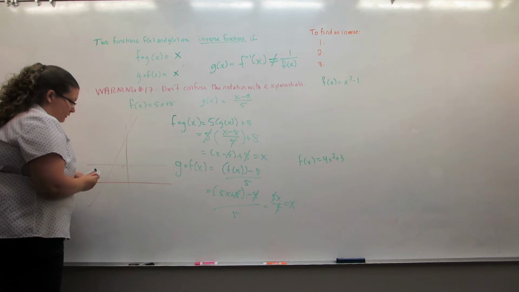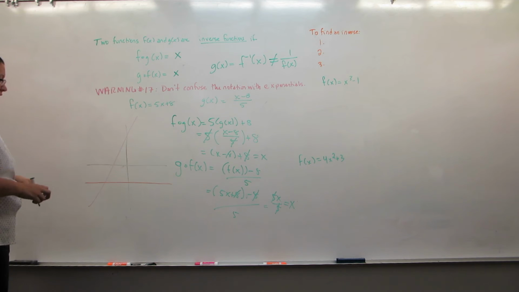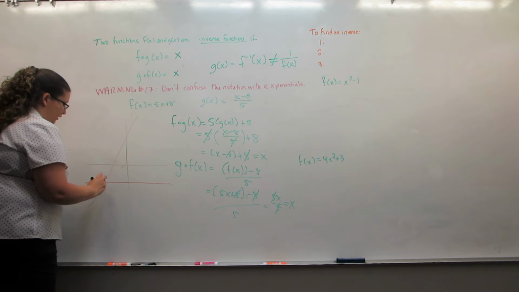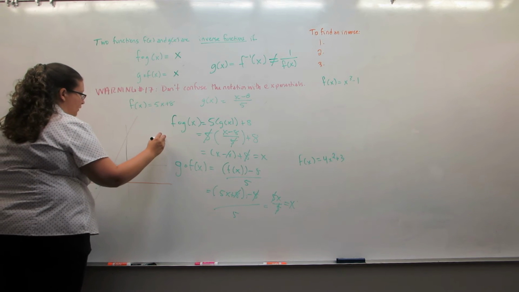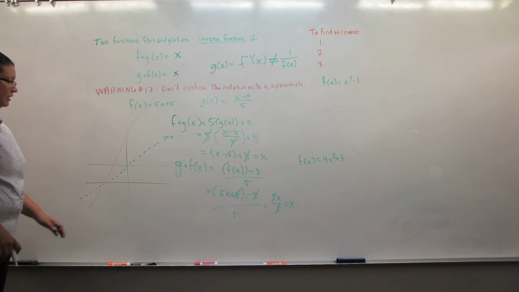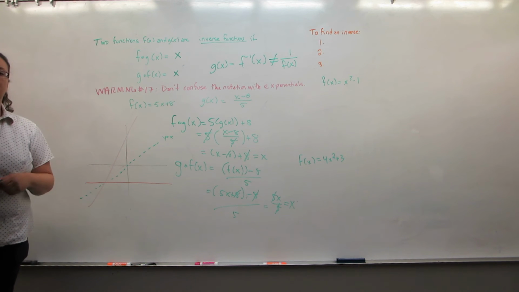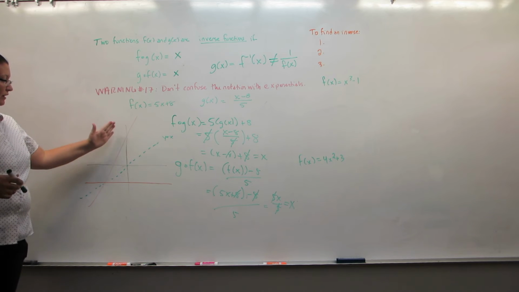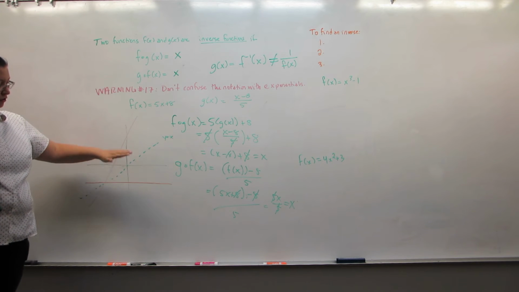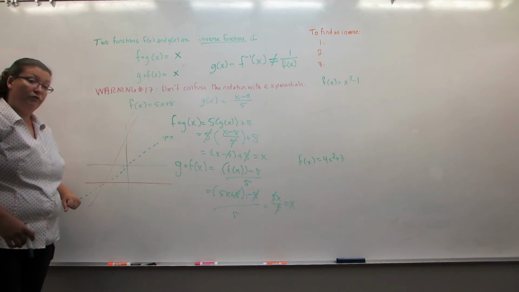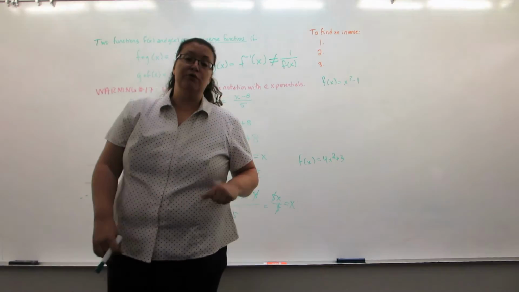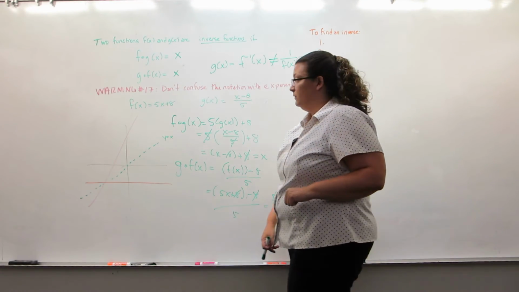Notice that if I draw in the line y equals x, these graphs are reflections of each other about the line. So if I take the pink one and reflect it about the green line, I get the orange one, and vice versa. That will always be true for the graphs of inverse functions.